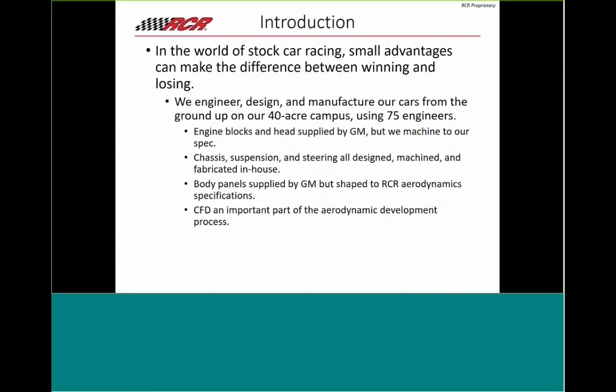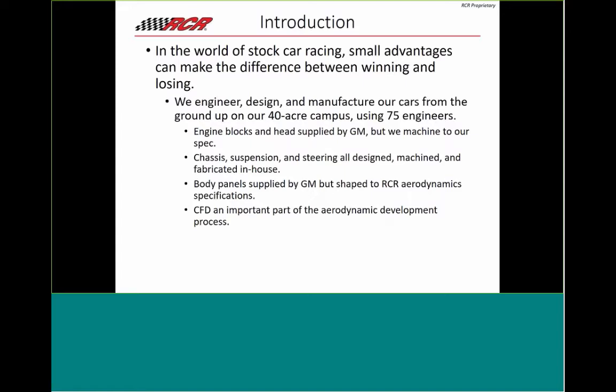Hi, thank you, Patrick. Just as a segue, as Patrick had mentioned, small advantages can make pretty large differences on the racetrack in stock car racing. Because of that, we engineer, design and manufacture basically the entire race car from the ground up on our 40-acre campus.